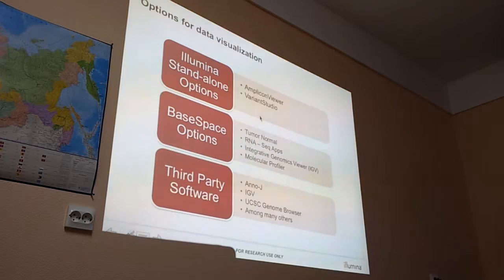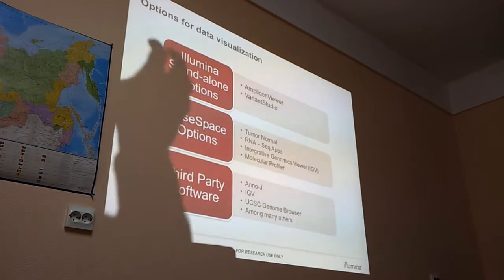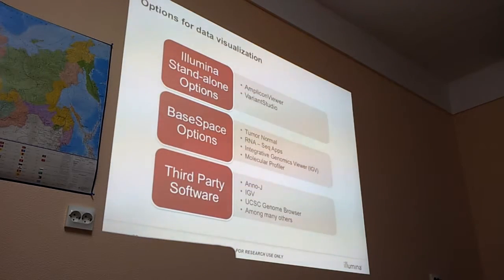So if you are looking, for example, at panels or at clinical exome, then you can use it to annotate and filter your variants. So input is the VCF file and output are classified and filtered variants. So you can filter those variants that are probably disease causing.